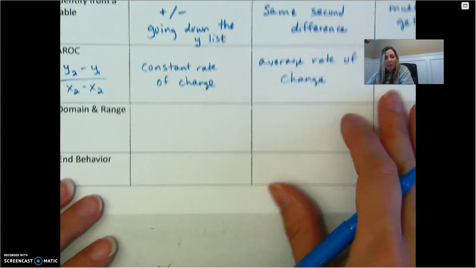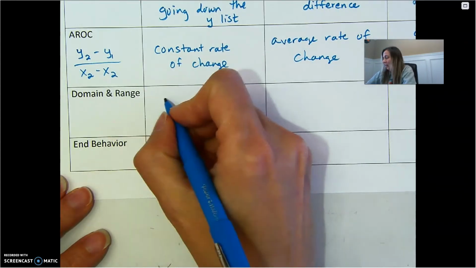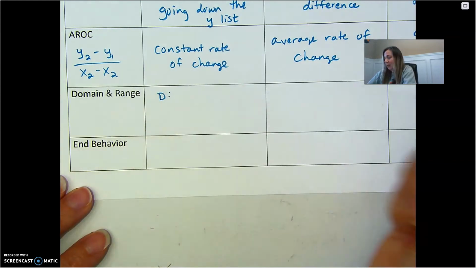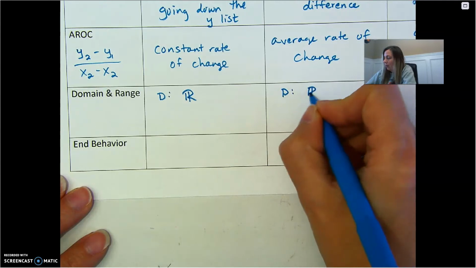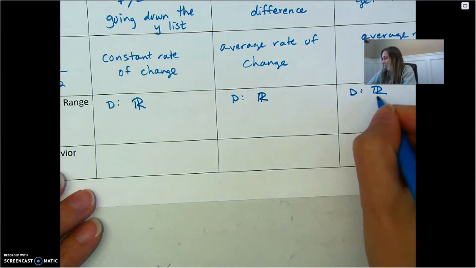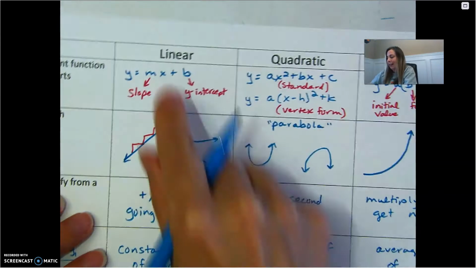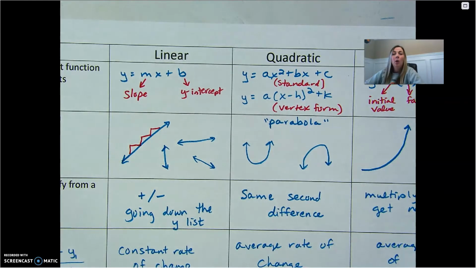All right. Domain and range. Domain is going to be easy for this. The domain is all real numbers all the way through. So I'm going to put D for domain. Domain, all real numbers. So we could put anything in for x into these equations that we want. We could put -2. We could put 1 million. We could put 1/2.